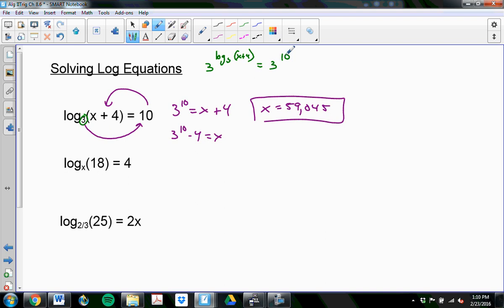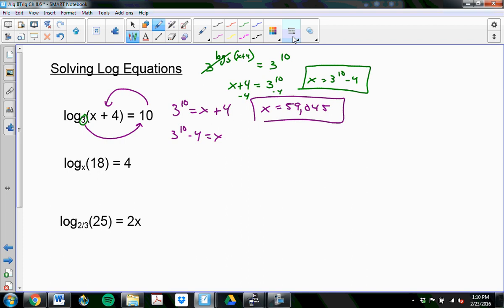And then there's that property that kind of lets these things cancel. That's not really what happens, but basically those go away, and you get x plus 4 equals 3 to the 10th. And subtract the 4 from both sides, and you get x equals 3 to the 10th minus 4. And there might be some situations where you want to know how to do that, but in general, most problems can be solved by converting instead of by raising both sides to a power.